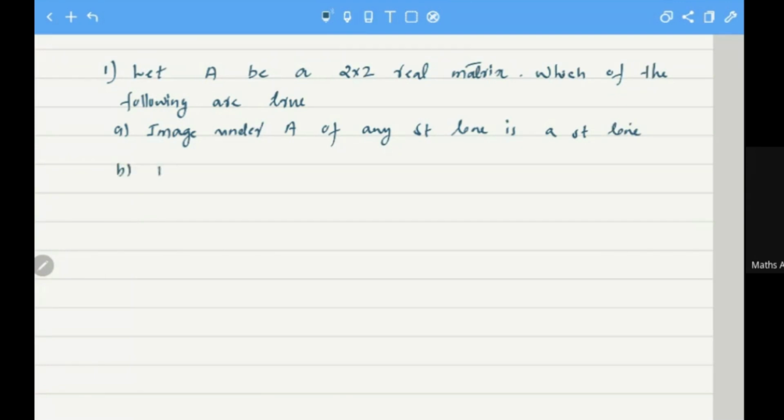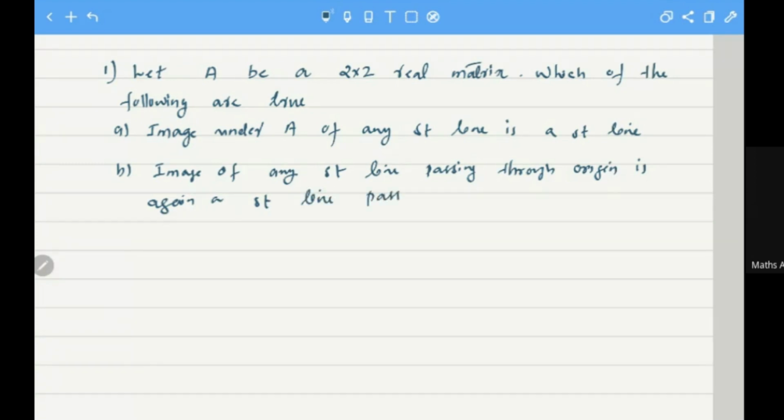B: the image of any straight line passing through the origin is again a straight line passing through the origin.